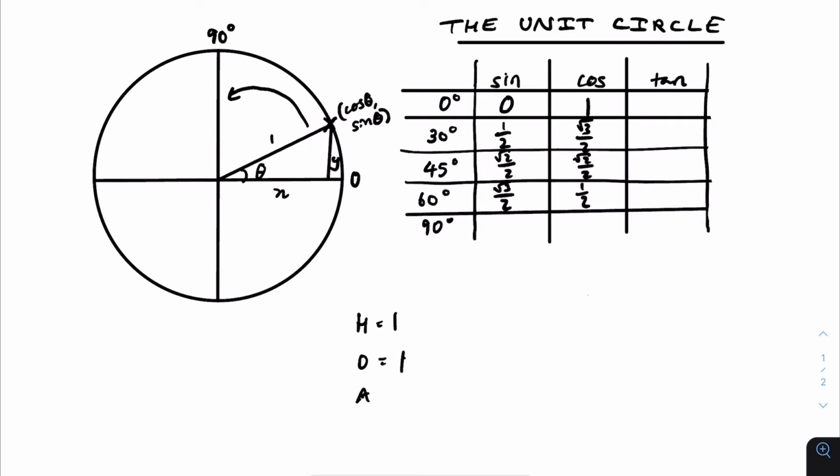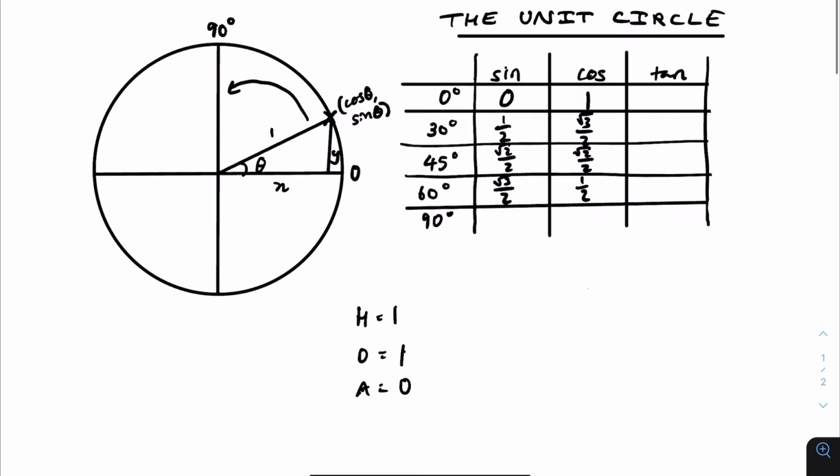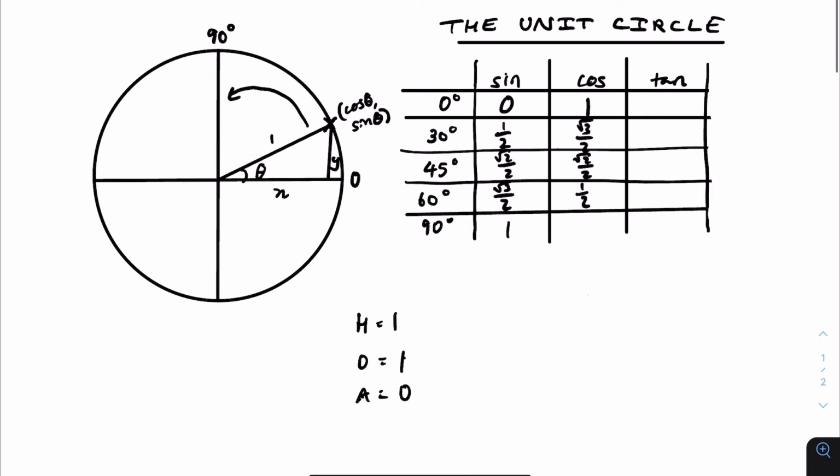But the adjacent this time, this is lined up with the origin. This length over here would be 0 if it's a vertical line. So given that sine is opposite over hypotenuse, we've got O over H is 1 over 1, which is just 1. Cosine is adjacent over hypotenuse, which is 0 over 1, so that's 0.